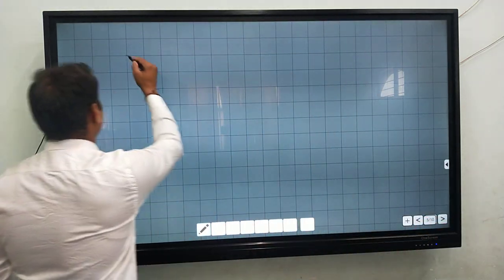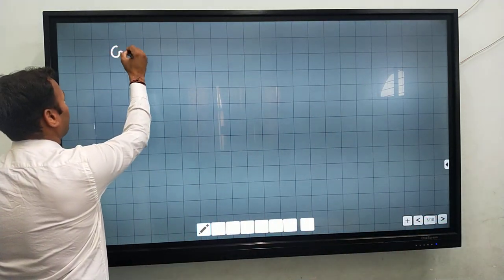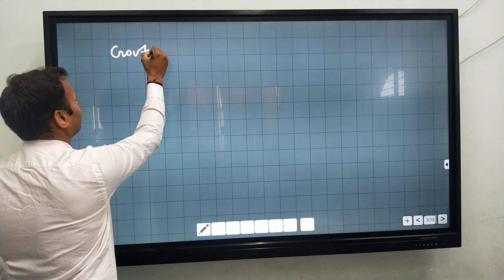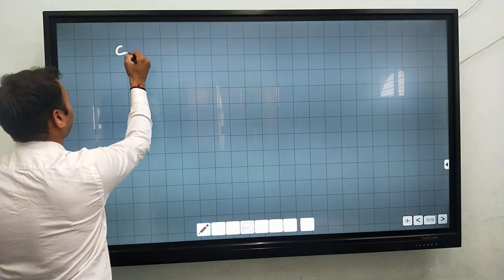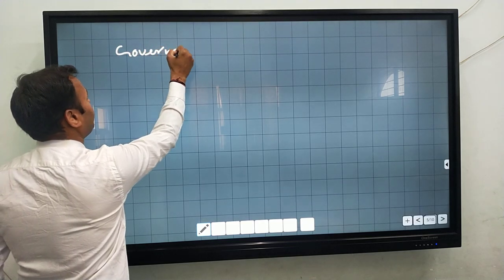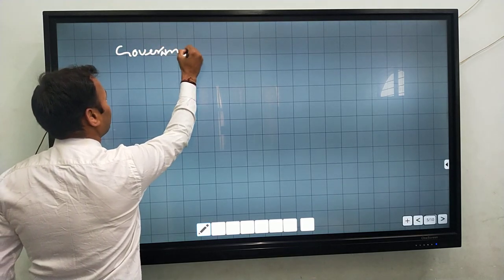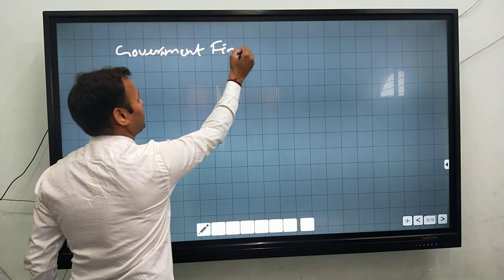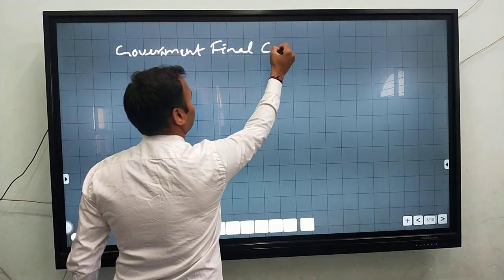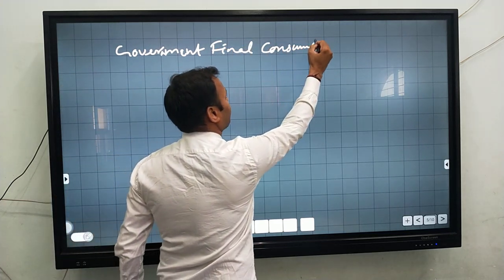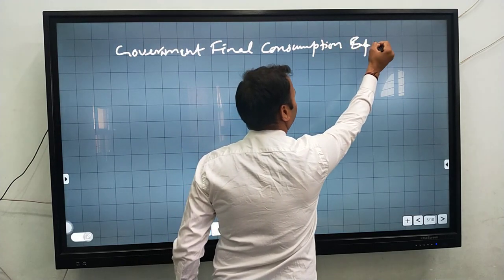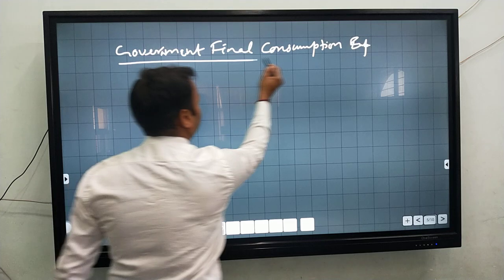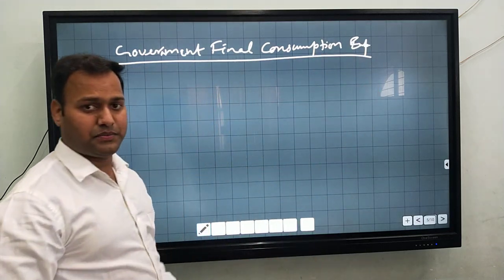Now come to the next one, government final consumption expenditure. So what is the meaning of the government final consumption expenditure?